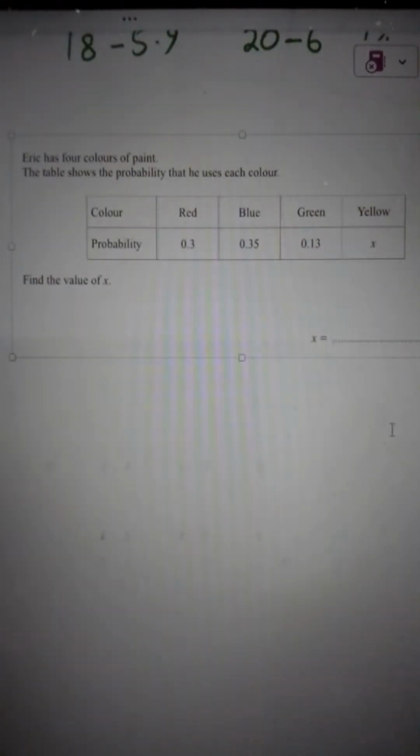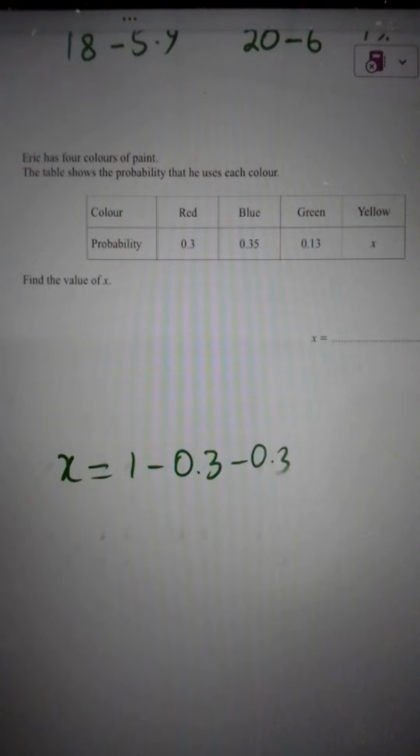So to find the probability of one of them, x is equal to the total value of the probability minus all these: 1 minus 0.3, minus 0.35, minus 0.13. It's better if we add them all first, so 1 minus the addition.